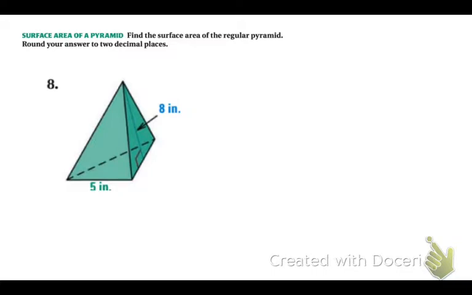Surface area of a pyramid. Our formula for the surface area of a pyramid is base plus 1/2 perimeter times L. Notice our base is a triangle. That's the first thing that you really need to notice when you get handed a problem with a solid on it.